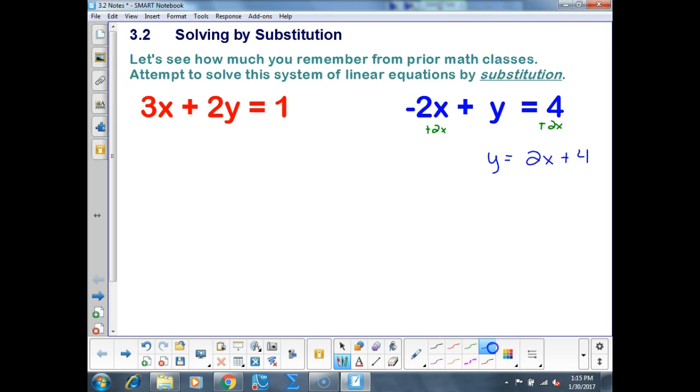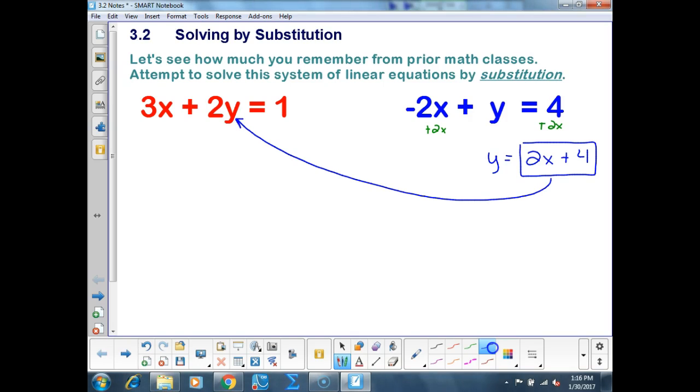Isolate the x in the red equation. Don't have to. Well, then you just put in y, so it'd be like 2 times 2x plus 4. So I take this, and I bring this over here, and I put it in there for y.